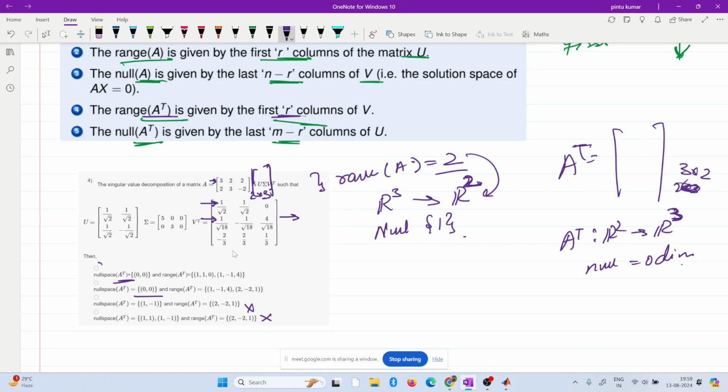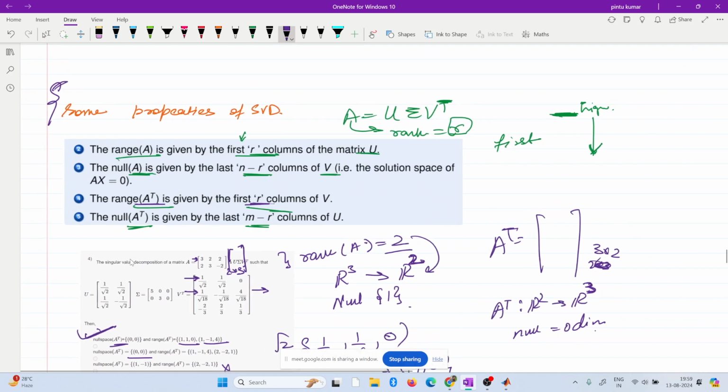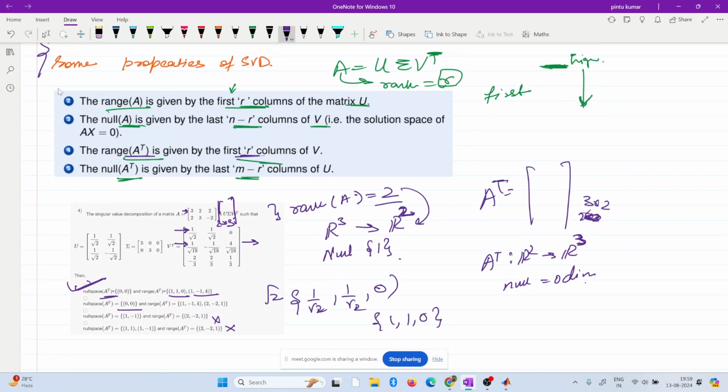We can ignore the scaling factor: 1 by root 2, 1 by root 2, and 0 can be generated via 1, 1, 0, because you just multiply by root 2. So this is the same thing. This is 1 1 0 and 1 minus 1 0, so this option is the correct option. If there is a question, you can answer according to these 4 rules that you have.